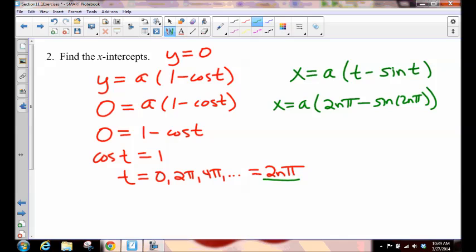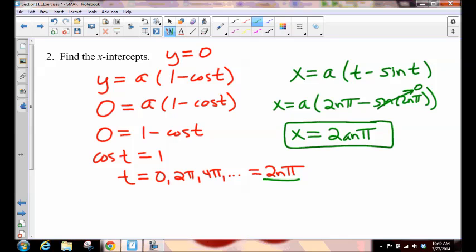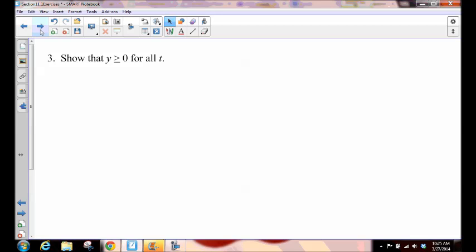And we know that any multiple of pi, when we take the sine of it, we're going to get 0. So I'm going to end up with x is equal to 2an pi, and those are going to be the values of my x-intercepts.